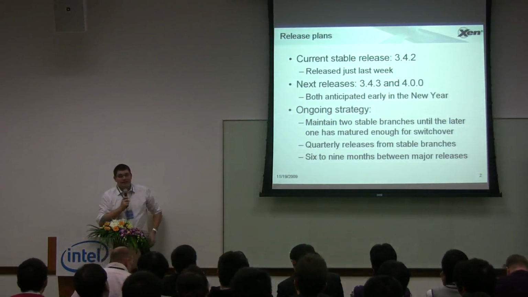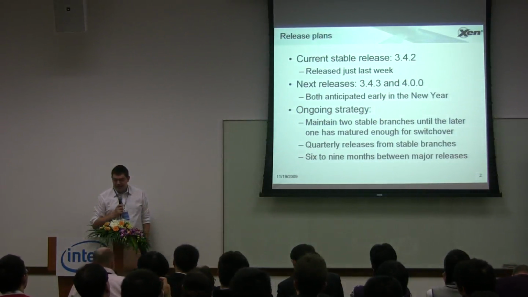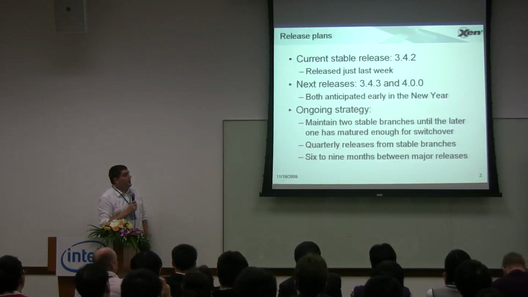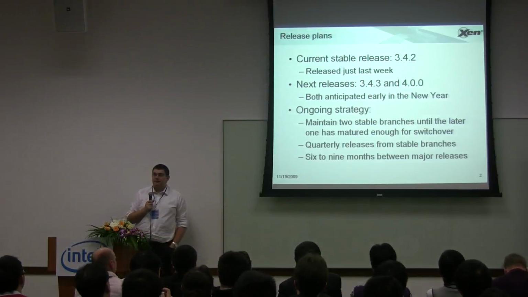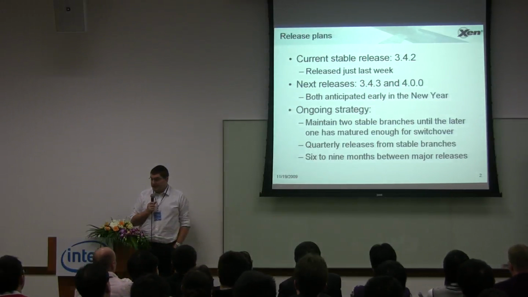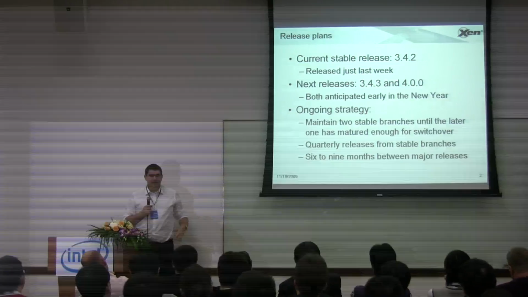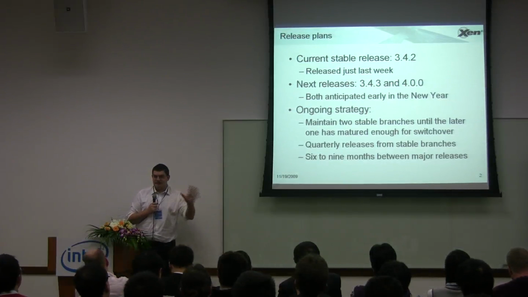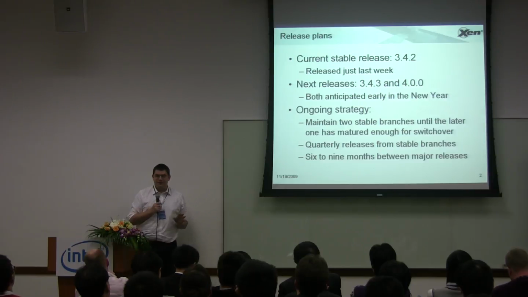The current stable release for Xen, actually just released last week, is Xen 3.4.2. Our model for releases as part of Xen.org is to be maintaining a stable branch of the hypervisor at the same time as we're developing and piling new features into our development tree.